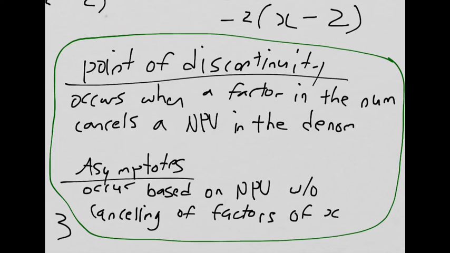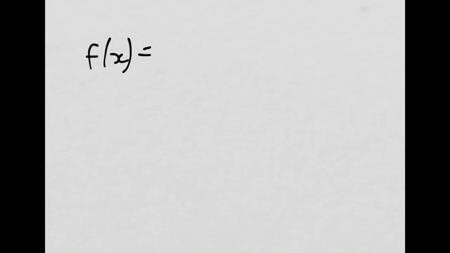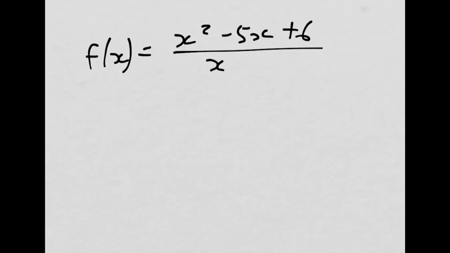So here's another example, just really quick. f of x equals x squared minus 5x plus 6 over x minus 3. Okay, asymptote, or maybe I shouldn't say asymptote. What's the non-permissible value here? 3, right?